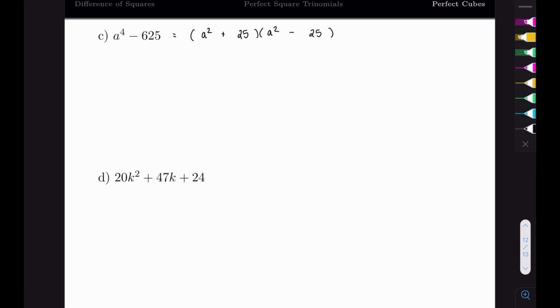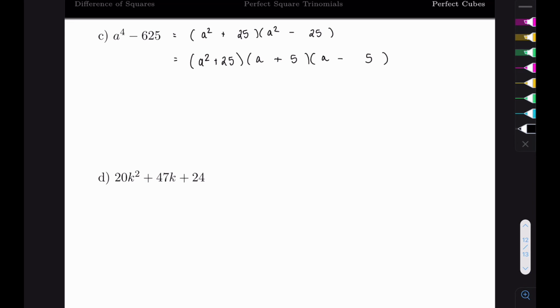However, not fully done. So this one I can't touch. Again, you could try to set it up, but because it's that plus 25, I'm never going to make my middle terms cancel. But over here, I do have something that is a perfect square. So again, I've got the minus. Let's try putting an a and an a. 25 is 5 times 5.